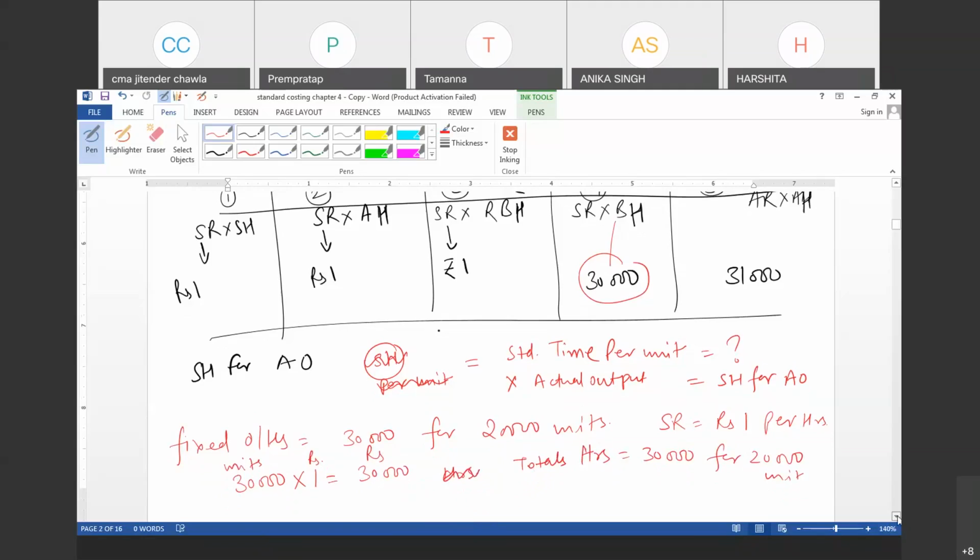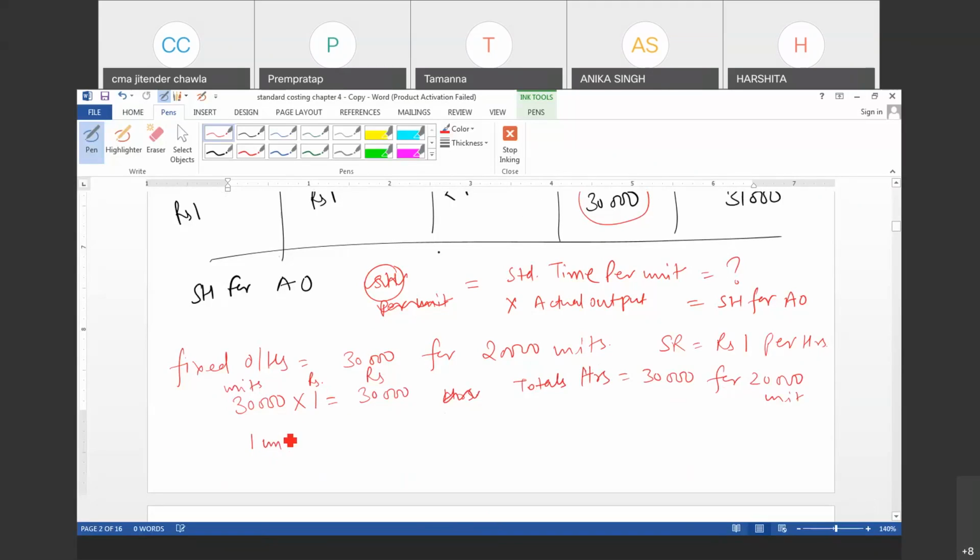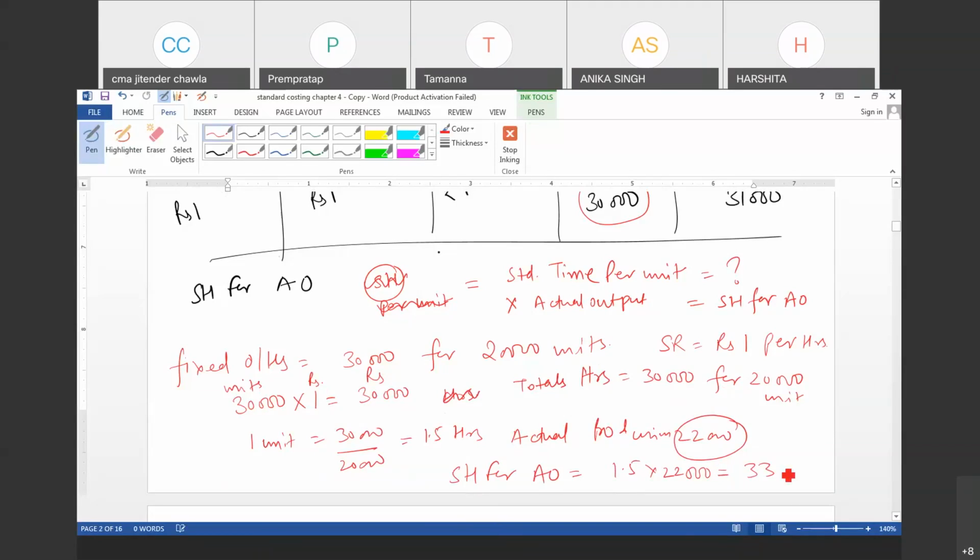तो 1 यूनिट को बनाने के लिए स्टैंडर्ड टाइम क्या होगा, that is 30,000 divided by 20,000, 1.5 hours. और आपका एक्चुअल प्रोडक्शन कितना है? एक्चुअल प्रोडक्शन है आपका 22,000 यूनिट्स का. तो स्टैंडर्ड आवर फॉर एक्चुअल आउटपुट will be 1.5 into 22,000, that is 33,000.